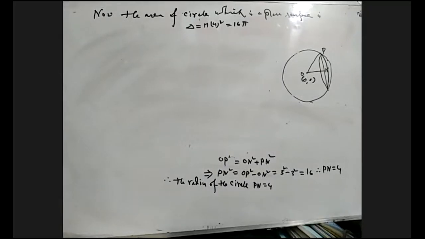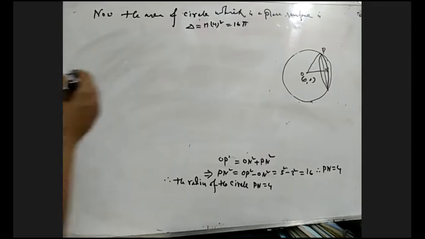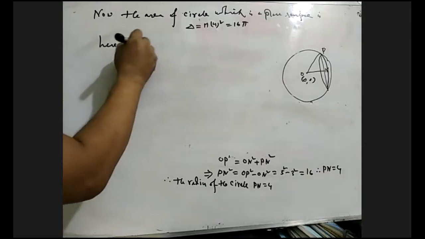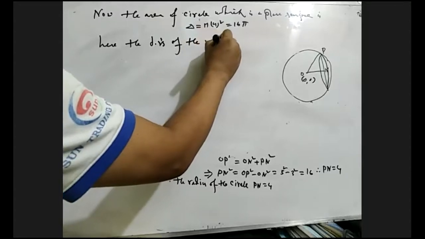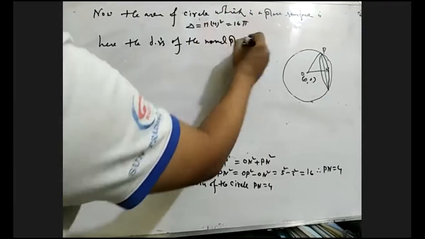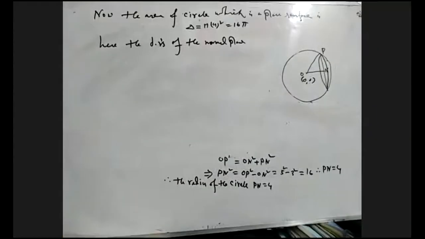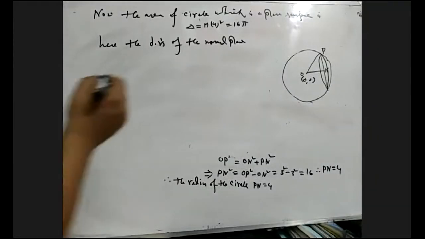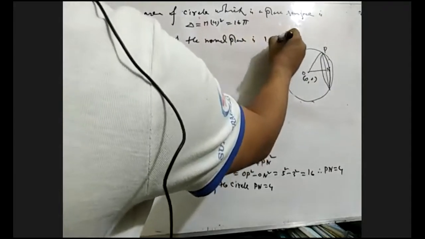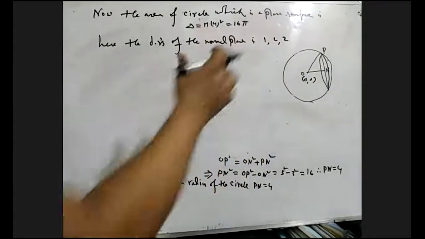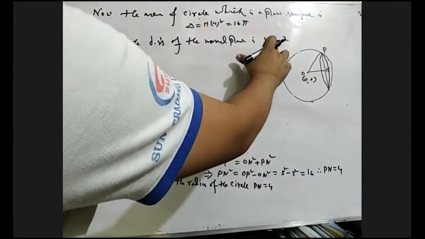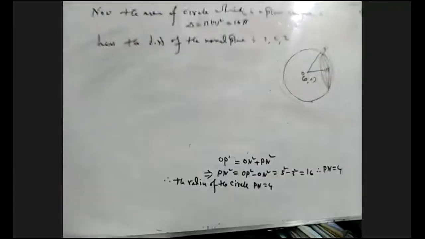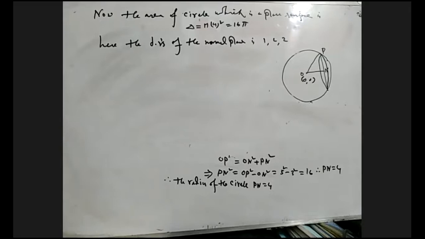Now the direction ratios of the normal to the plane are 1, 2, 2, from the line x plus 2y plus 2z equals 9. So the coefficients of x, y, z of that line give the direction ratios. Remember it.